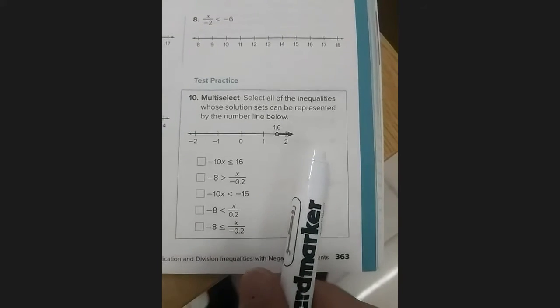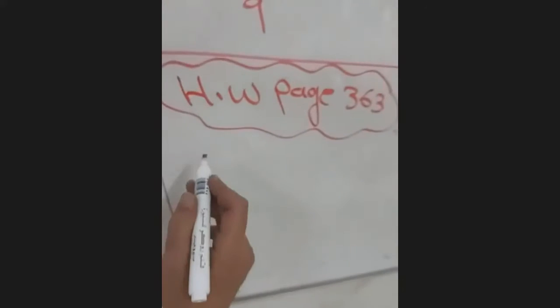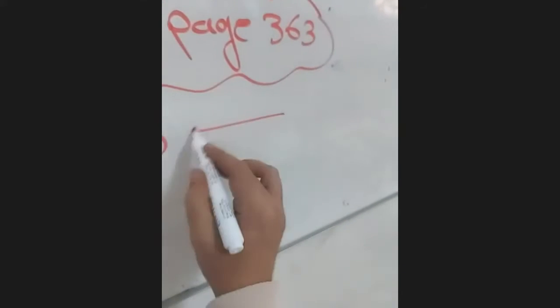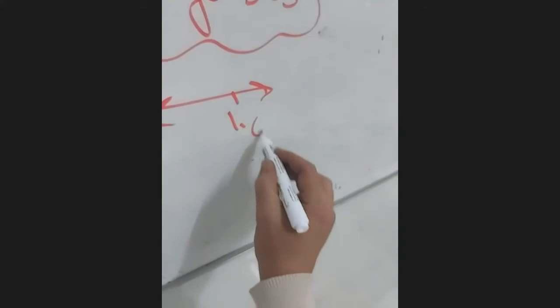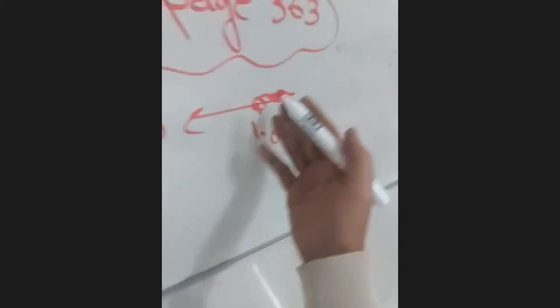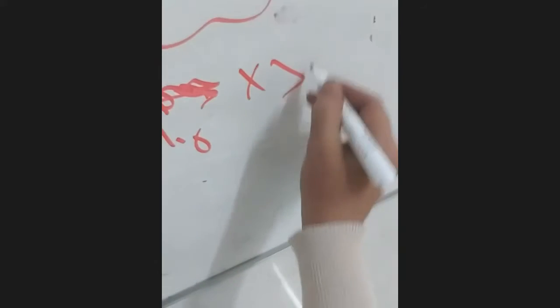So the solution is x more than 1.6, right? Without an equal sign, because it's an open circle. Exactly. So in question 10, they put 1.6 with an open circle and graph to the right. It is x more than 1.6.